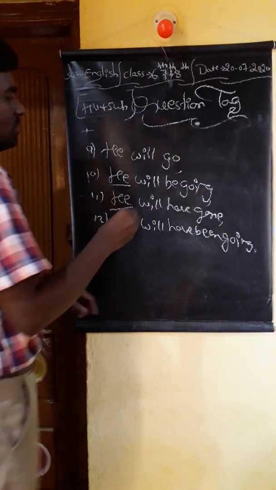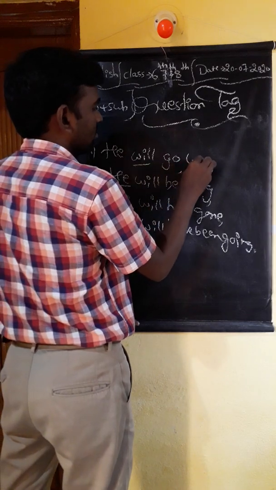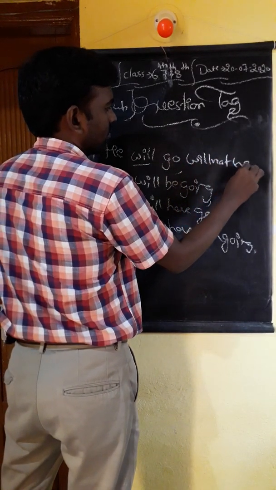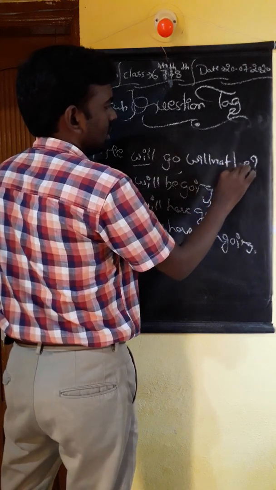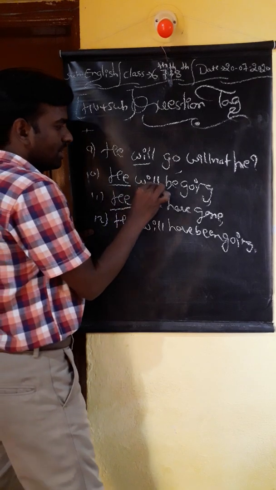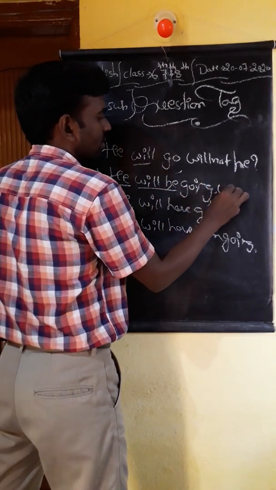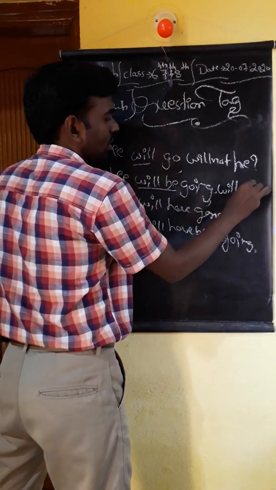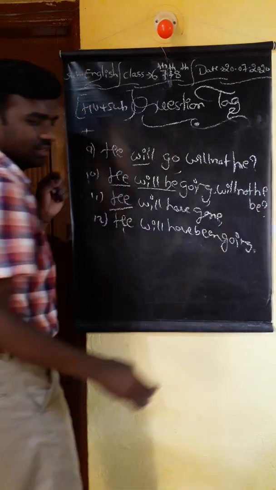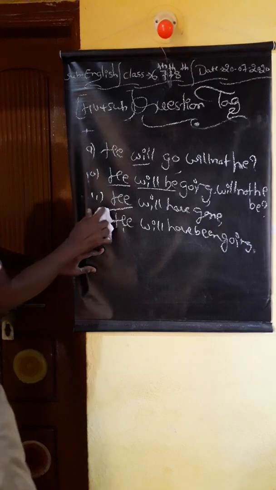So he will go, so the helping verb is will, so we have to use will not he. What is that? Will not he. And here again the helping verb is a little bit long, so that's why you have to use will not he be. Okay.